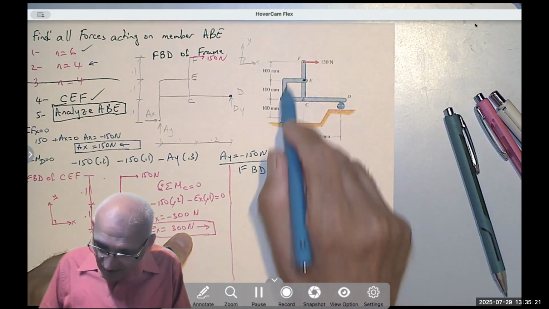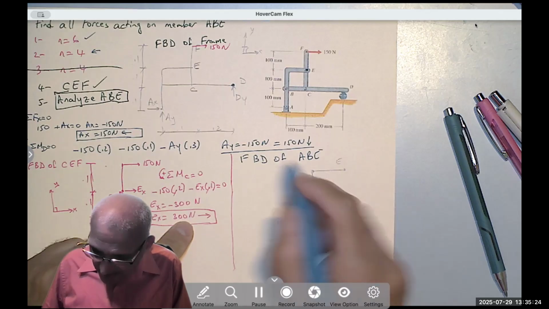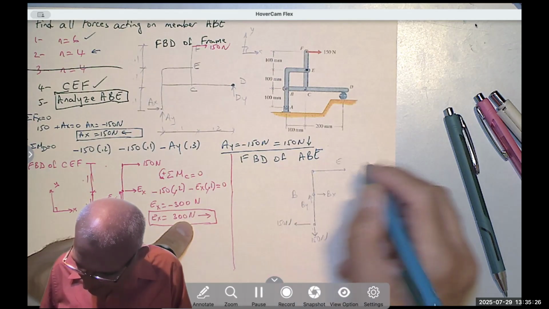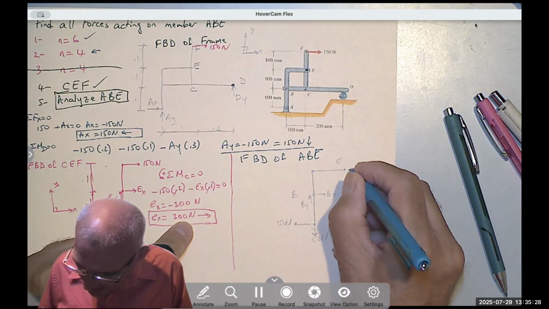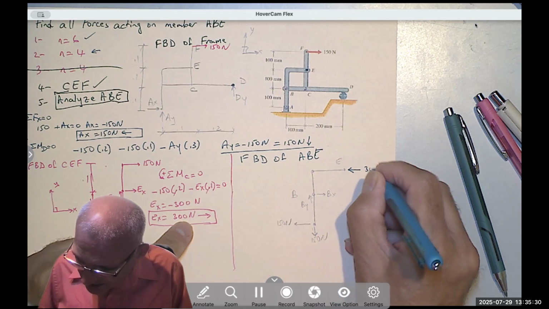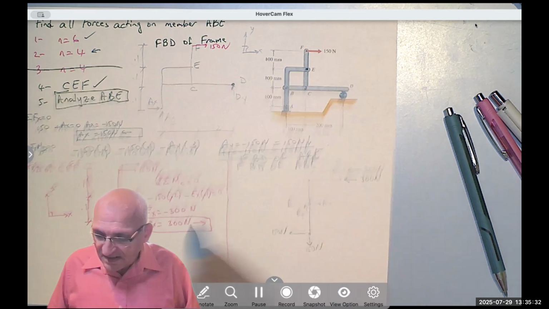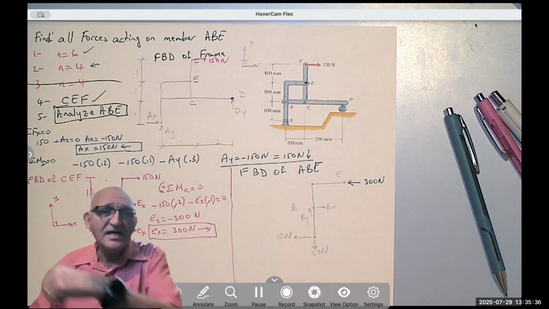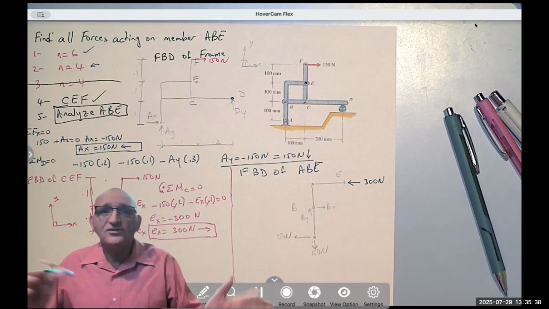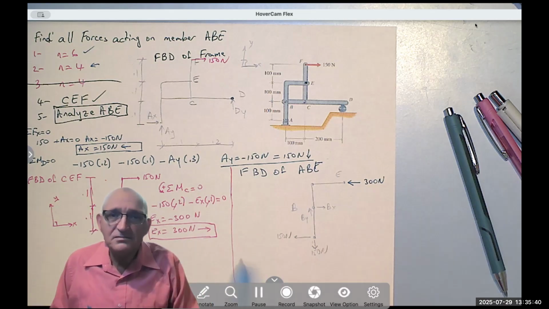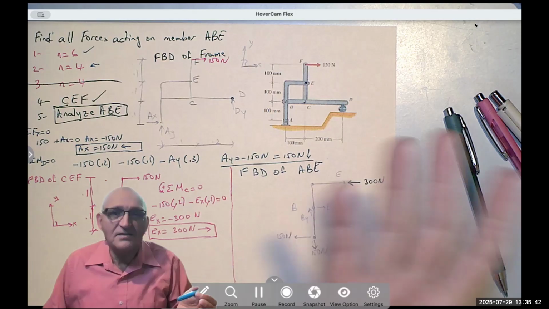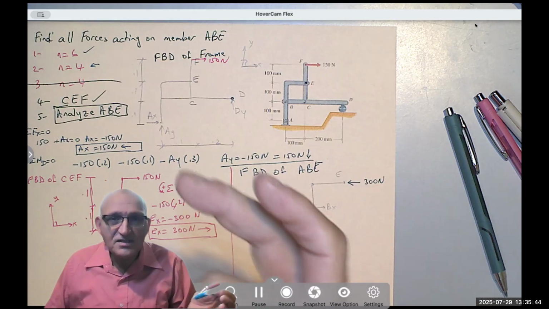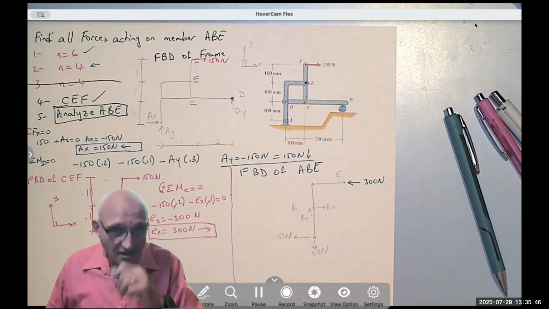So the one acting on member ABE is acting to the left and it's 300 Newton. Many students draw it the same way. That means you have two EXs pointing to the right and your frame would move and tumble clockwise. I mean, it would turn, which is impossible if it's in equilibrium, right?